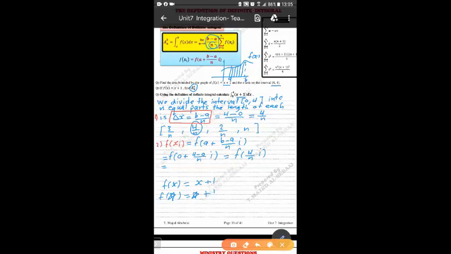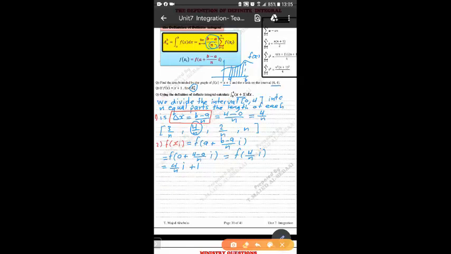Okay, how can I do this for 4i over n? Easy. I will do the following. I would say it is 4i over n plus 1. This is f of xi. I found it. I will clean this. Finish.